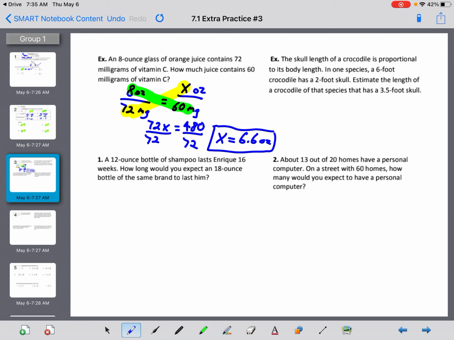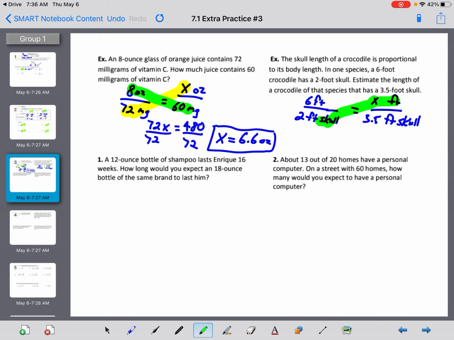Okay. The skull length of a crocodile is proportional to its body length. In one species, a 6-foot crocodile has a 2-foot skull. Estimate the length of a crocodile species that has a 3.5-foot skull. So again, the skull is on the bottom, and x feet goes on the top.